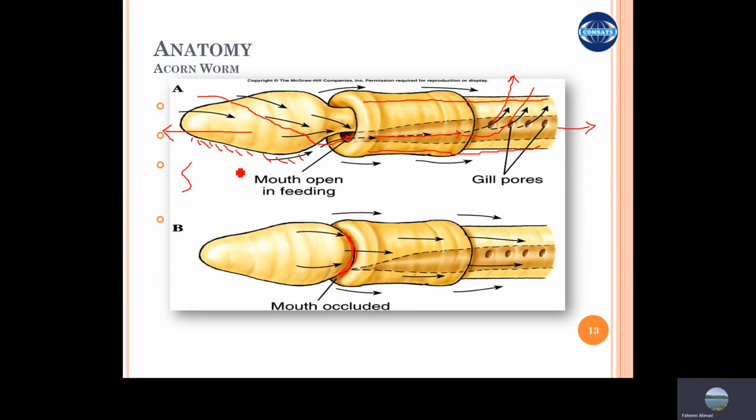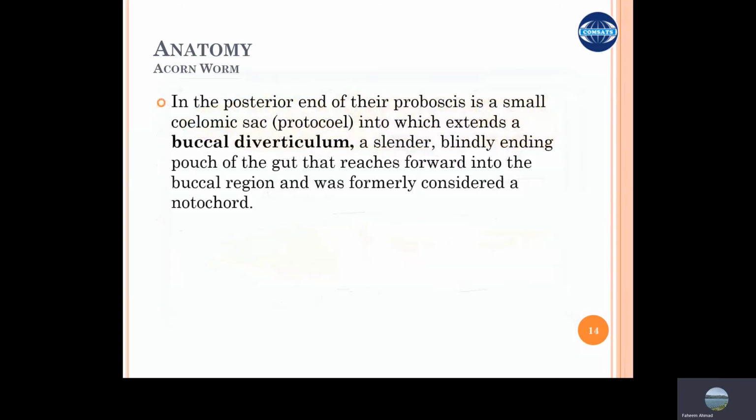They basically use the hydrostatic skeleton. The cavity within the proboscis gets filled with water from the outside, and then the circular muscles contract tightly to make a force, and it becomes rigid, and they can dig into the sand.